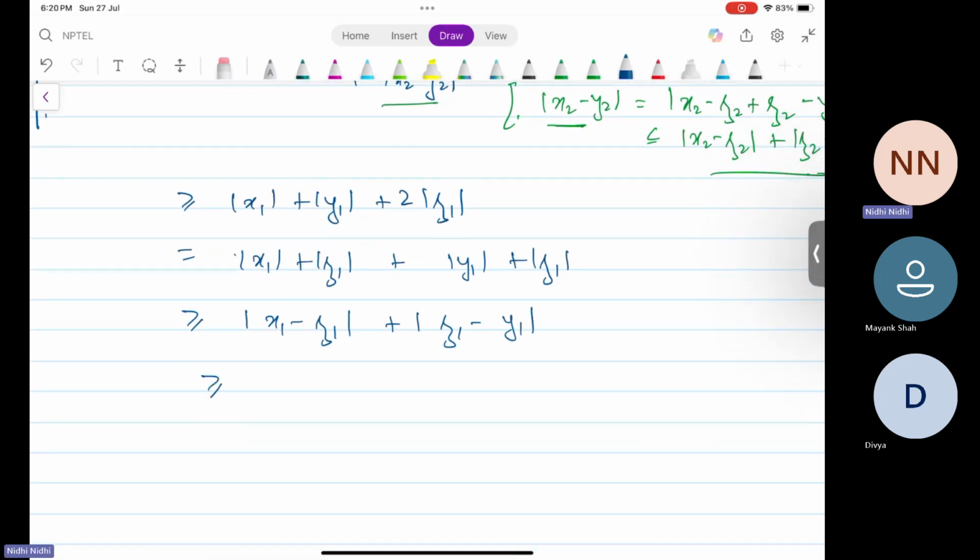And this is again using the triangle inequality. This is greater than or equal to mod x1 minus y1, which is dxy.